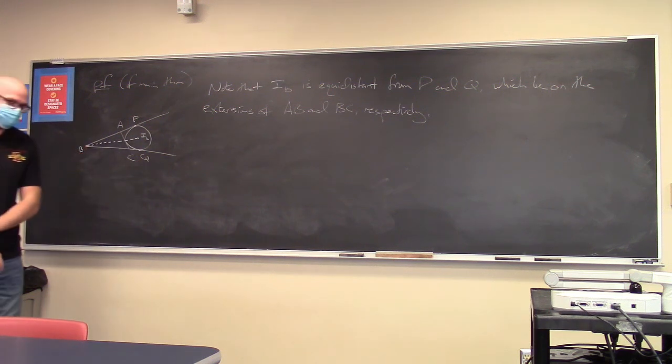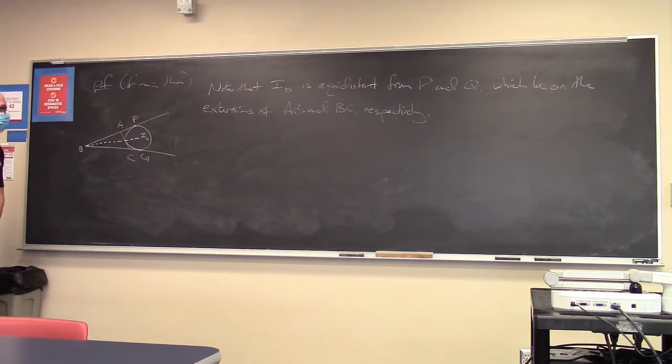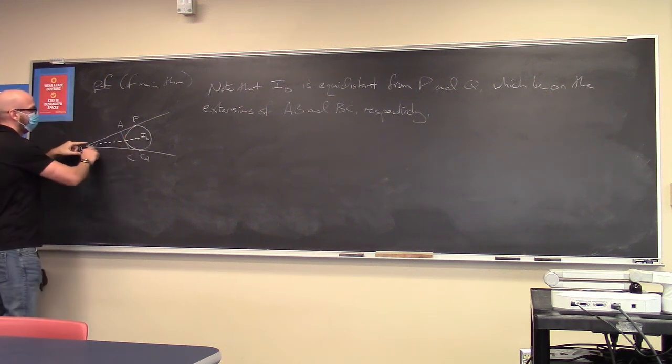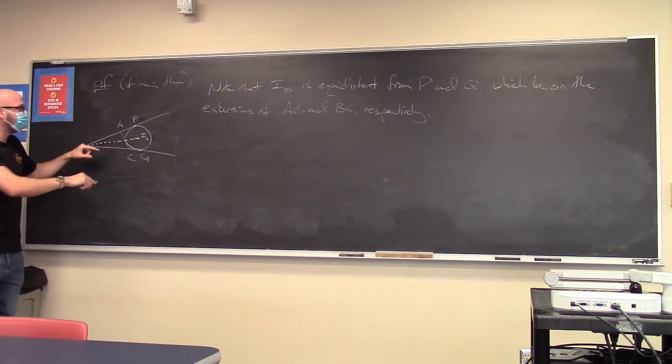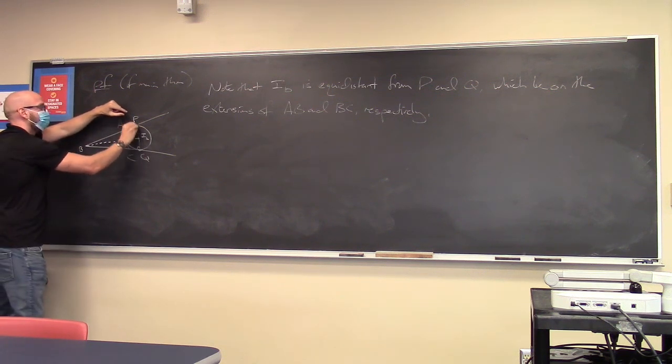Remember, in proving the existence of the incenter, we had to prove a lemma before, which said that a point is on the angle bisector if and only if it's equidistant from both of the sides that make up the angle. Both of those are right angles, so those are the distances to those lines.